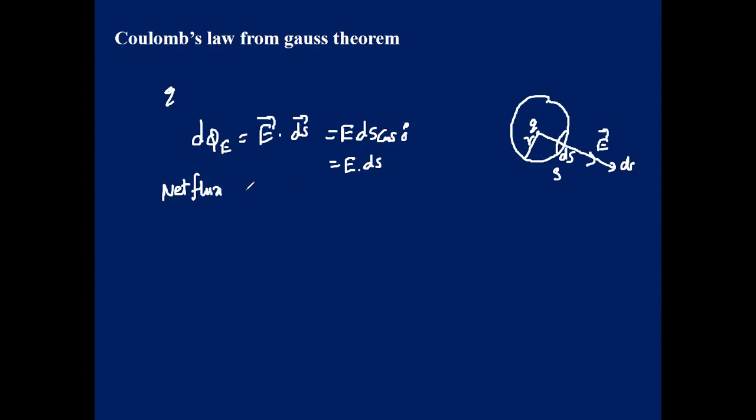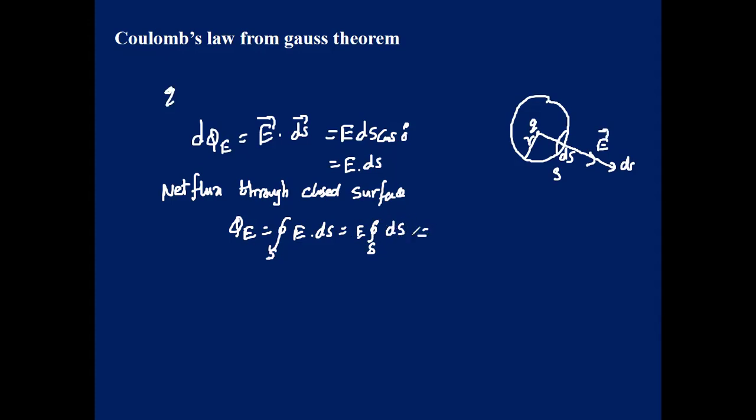Net flux through the closed surface, phi E, is equal to the closed surface integral of E dot ds. That is equal to integral over S of E. You can take the constant outside, integral over the closed surface of ds, which means E into total surface area.